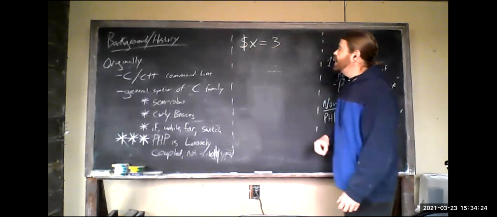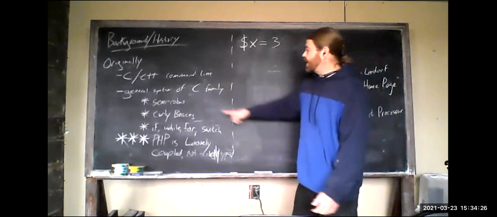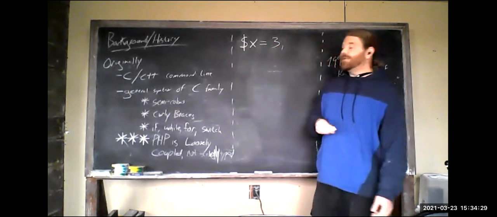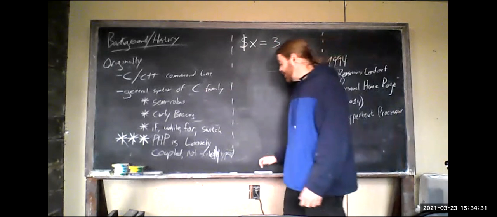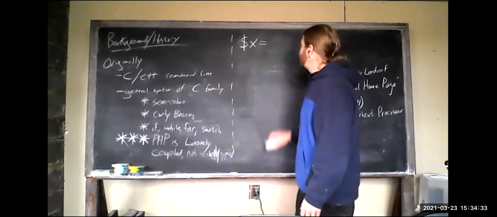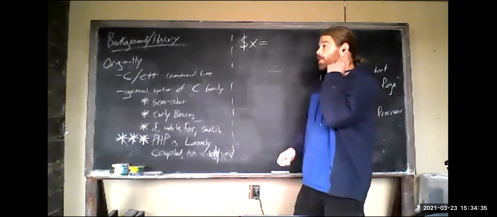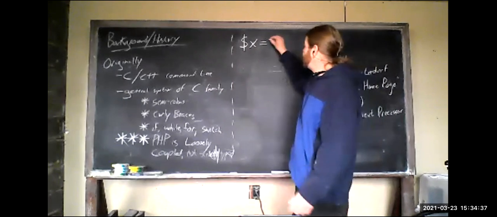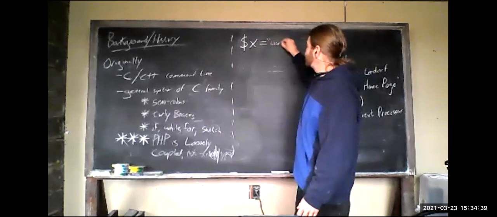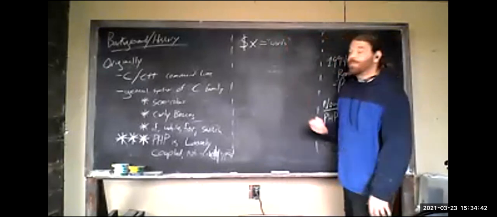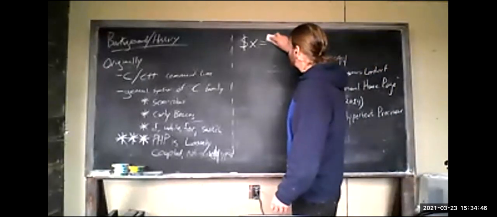We can put the number 3 in there. And again, back to the C family, we do have to have the end of instruction every time. We could put our string in there, put words in there, and that'll be fine, and we can deal with it. Everything is approximately treated the same.